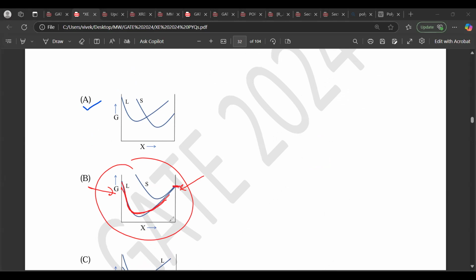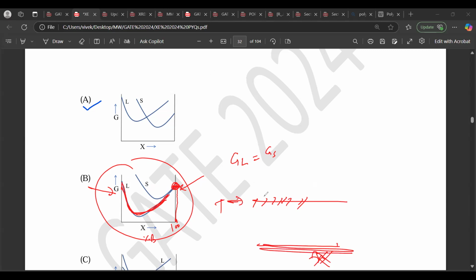Only at 100%, let's say 100% of B, both solid and liquid are the same. It means the free energy of liquid and the free energy of solid are the same at 100% composition. Otherwise, across all the X at a particular temperature, everywhere I have a liquid, but at 100% I get both liquid and solid.